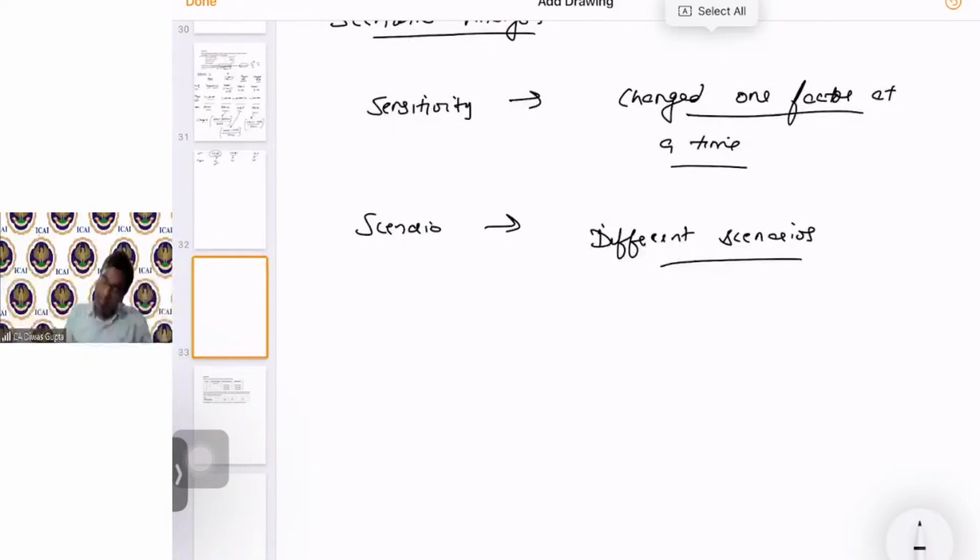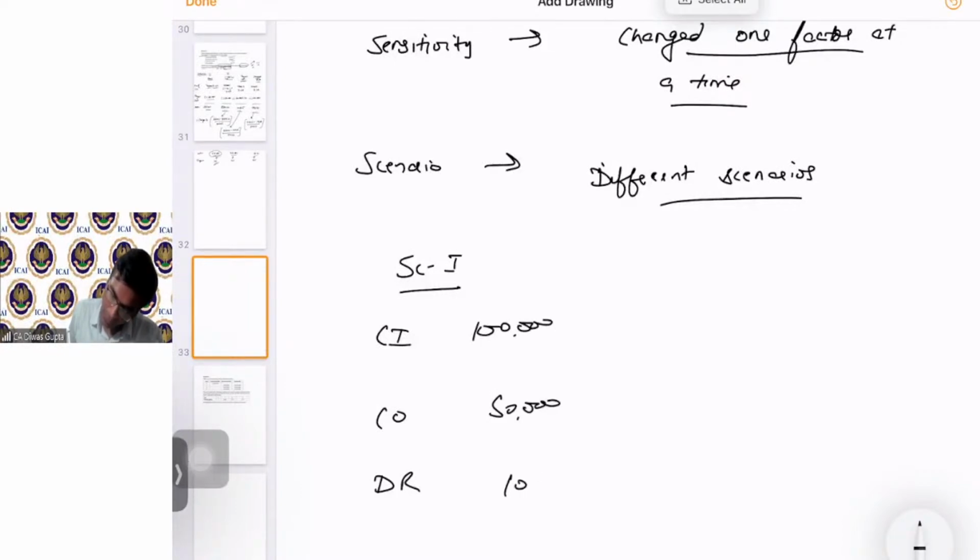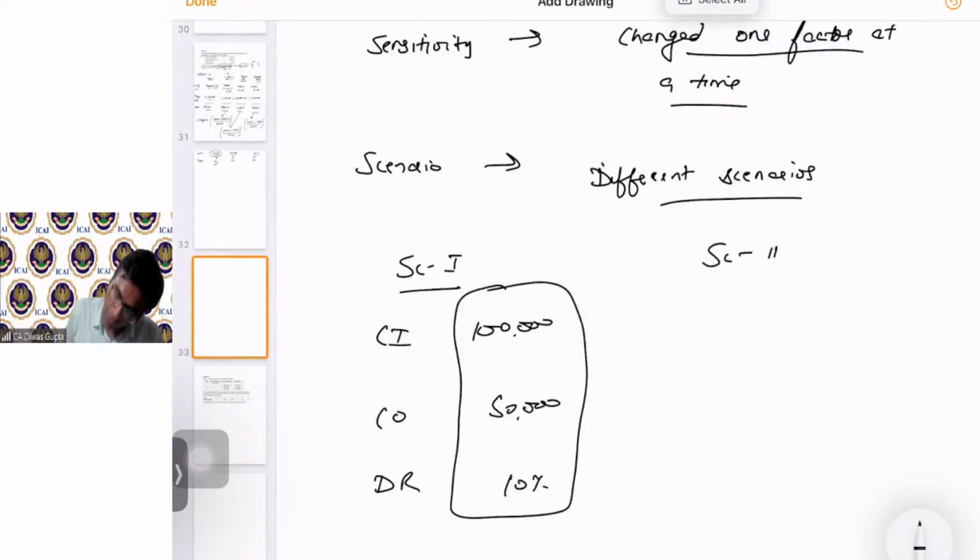So let's say scenario 1 will have cash inflow, cash outflow, and discount rate of 1 lakh, let's say 50,000, and discount rate of 10%. This is scenario 1. Scenario 2 will be changes in all the inputs. Let's say it is 120, this is 60, this is 9%.